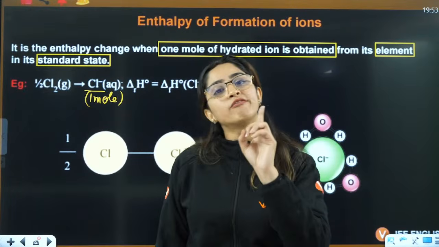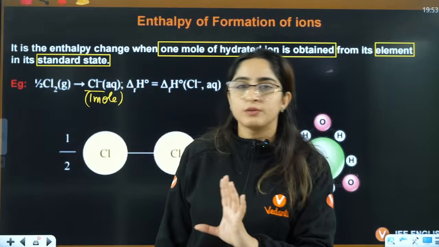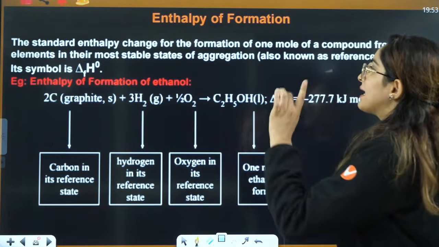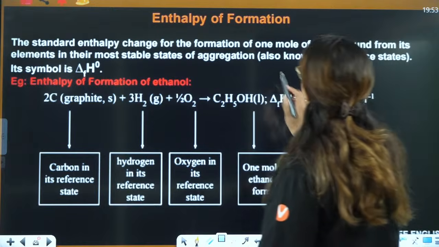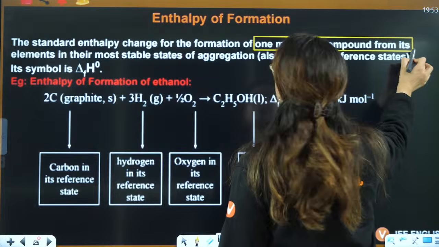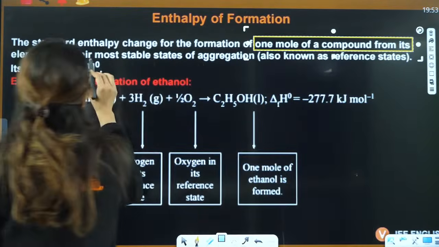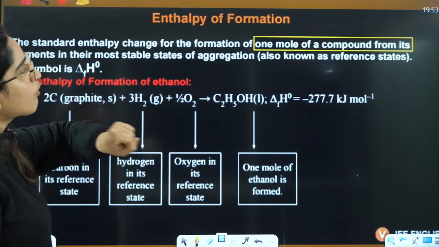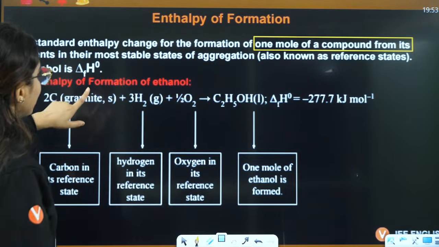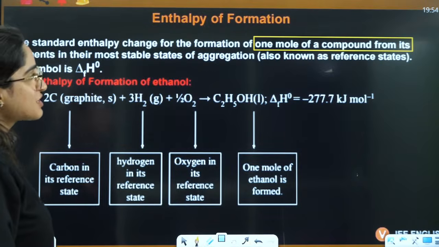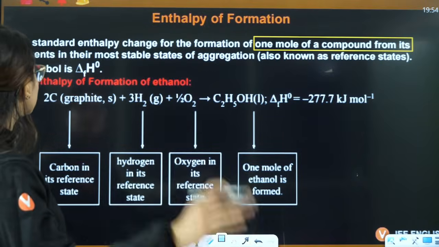And only 1 mole of ion is required, okay? But enthalpy of formation is different. It is the enthalpy change when you form 1 mole of a compound from its elemental state. Standard enthalpy change for the formation of 1 mole of compound from its elements in their most stable state of aggregation, that means their standard states here.